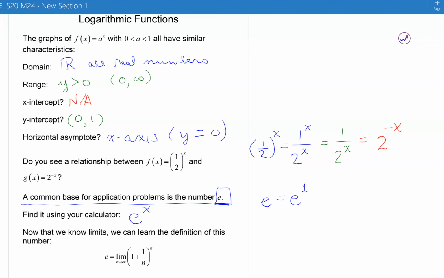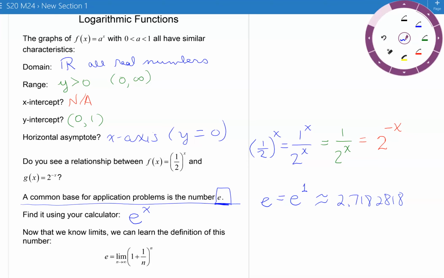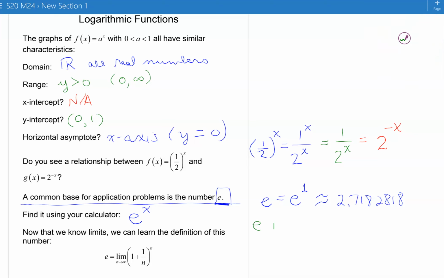So I want to make sure you know how to find that on your calculator. Make sure you're getting about 2.7182818 and so on. It's an irrational number, so it does not have an exact decimal representation. It just has an approximation.